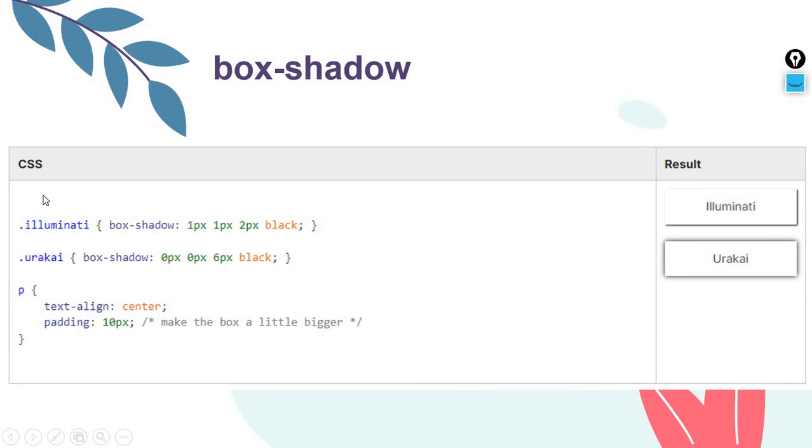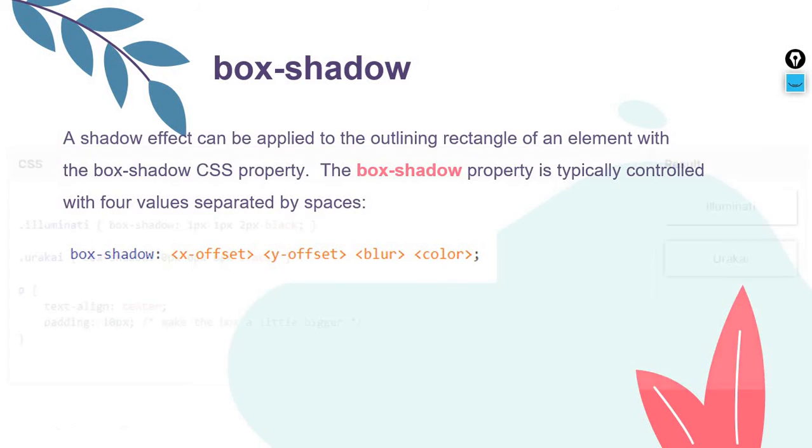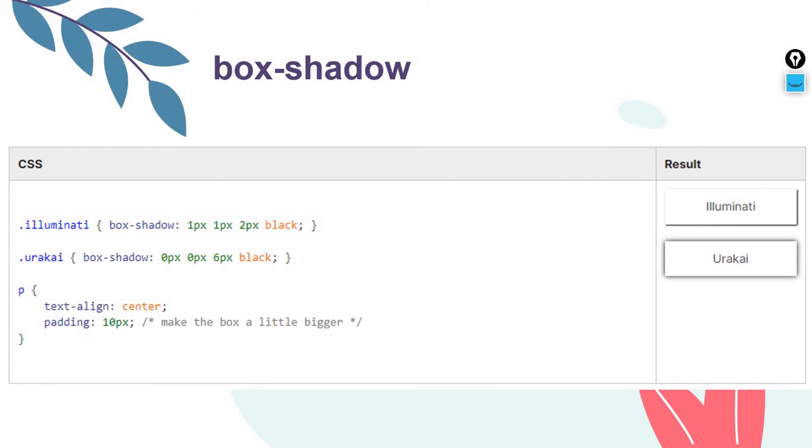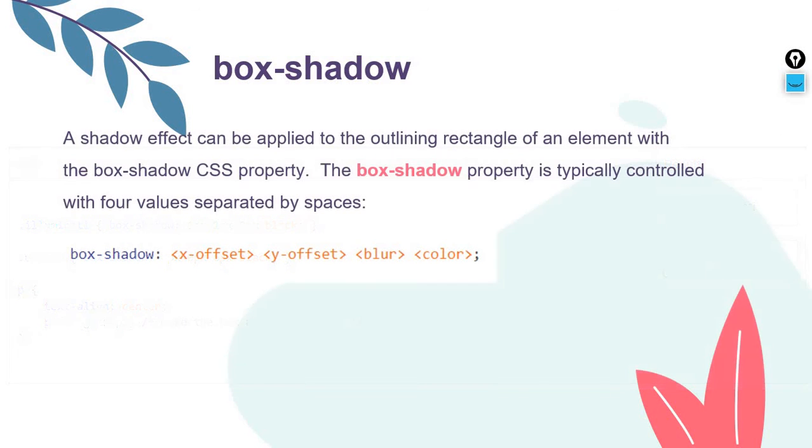So here, in this example of using the box-shadow property, the offset values are dimension units, like pixel or em, and can be positive or negative.